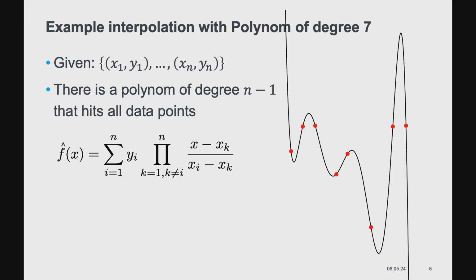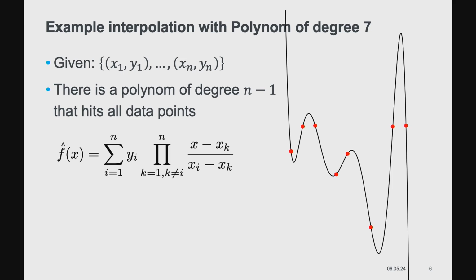Now, why is this maybe not a good solution? Exactly. So the function is oscillating. It is oscillating a lot in different directions.